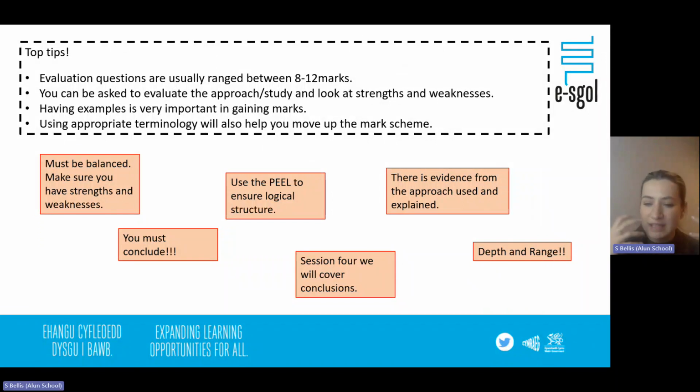They're a bit superficial. You're not really delving into strengths and weaknesses and being very evaluative. So make sure that you use the terminology that we looked at the very beginning. And then, like I said before, in session 4 we are going to cover conclusions, so you'll feel hopefully a little bit better about how to structure a conclusion after that.